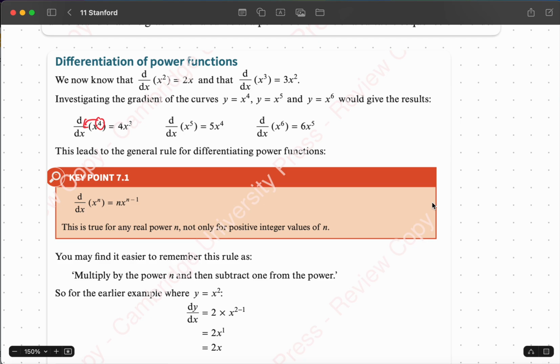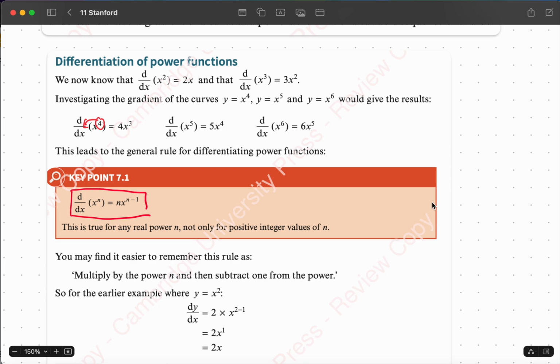So the derivative of x to the power of n: the power comes down, so n times x, and then minus 1 from the power, so x to the power of n minus 1. This is true for any real power n, not only for positive integer values of n.